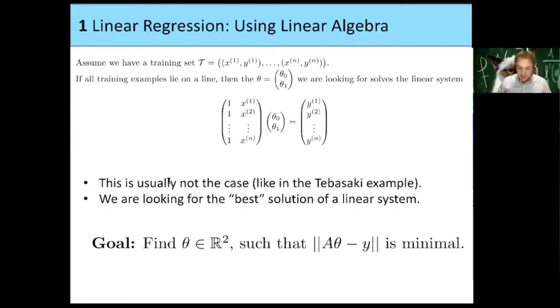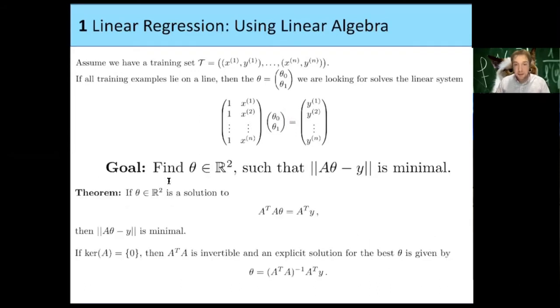And the goal today is to explain the following result, which you saw last time, but which is maybe not clear. So the statement is that if we want to find the theta such that this here is minimal, what we need to consider is this new equation here.